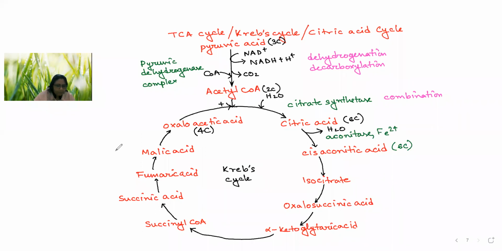Okay. So after this, from cis aconitic acid, there will be once again addition of water. So this shows how simple steps are responsible. One water molecule is added and then removed, and then one water molecule is added to form isocitrate.